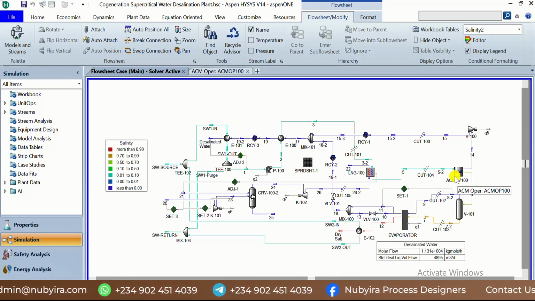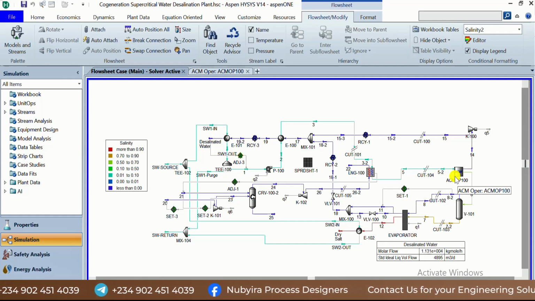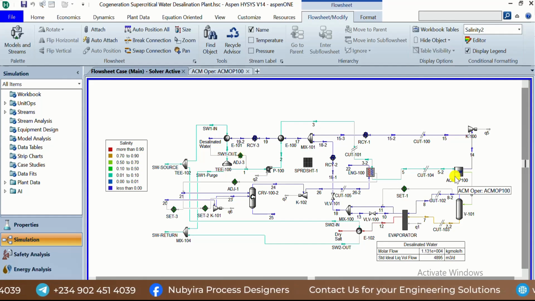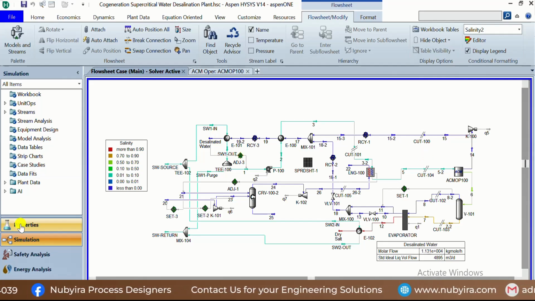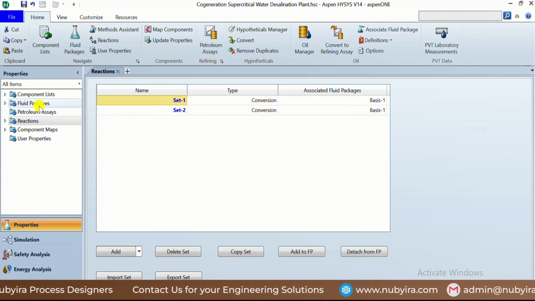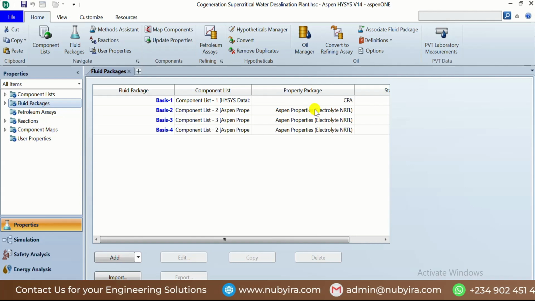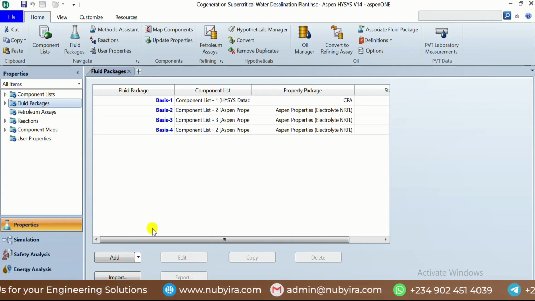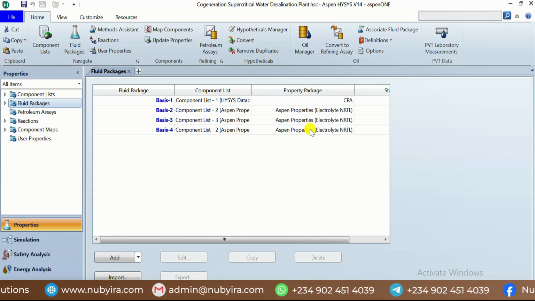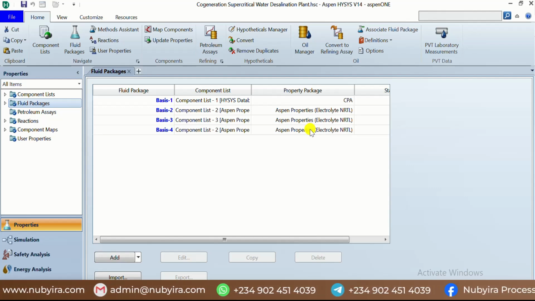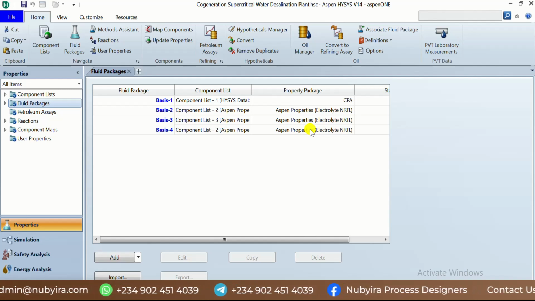For the flash subroutine calculation, the vapor liquid model that I'm using to calculate the phase partitioning is based on a correlation, because if I try to use the property method that is available in Aspen HYSYS or Aspen Plus, I'm currently using the electrolyte NRTL property method for the model. But if I try to use that for the supercritical condition of that separator, it will not work efficiently. It will give you a very erroneous result.